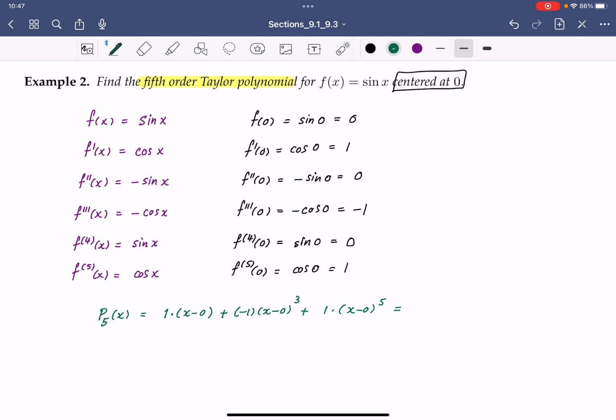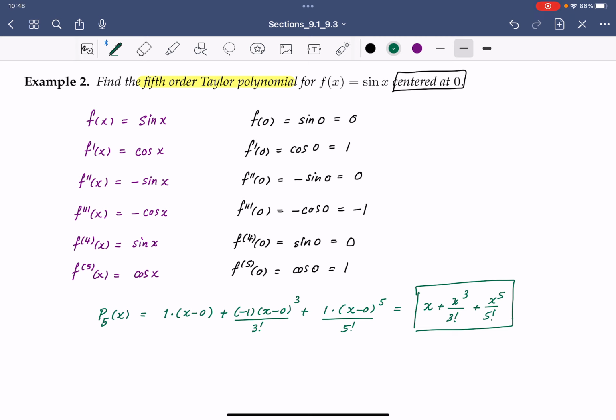So the Taylor polynomial of degree 5 for sine x is going to be x plus, oh, I forgot the 3 factorial, right? x cubed over 3 factorial and x to the 5th over 5 factorial. Okay, this is the Taylor polynomial centered at 0.